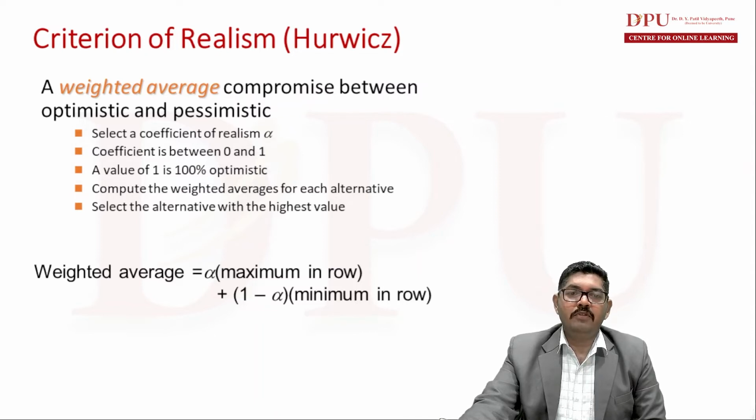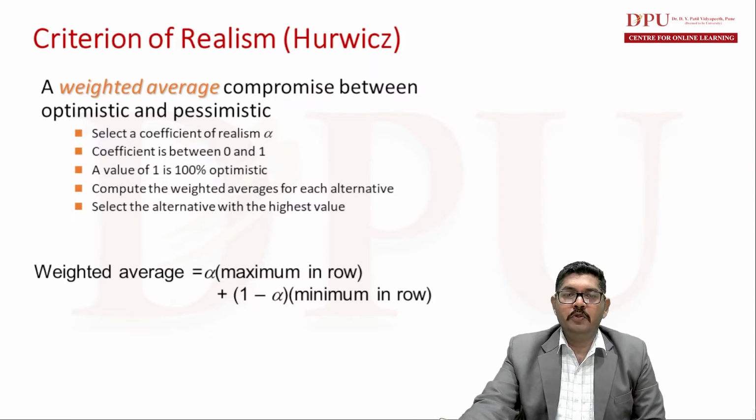If the value of the coefficient of realism is 0, then it is 100% pessimistic, and the value will be equal to maximin. So depending upon the value of alpha, the payoff will vary. Compute the weighted average for each alternative and select the alternative with the highest value.